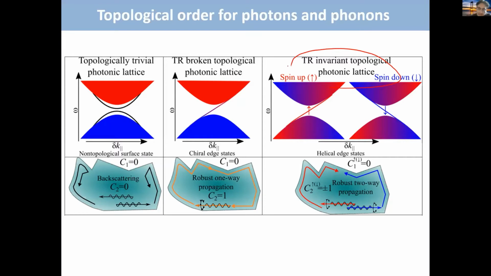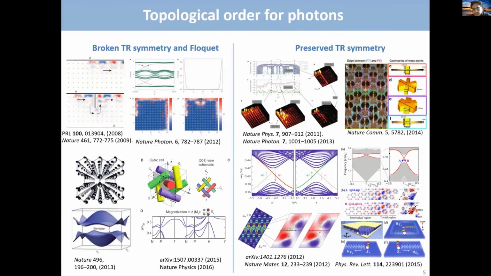We obtain topologically robust edge transport, which is spin or pseudospin polarized in our case, because we don't talk about real spin, we talk about this pseudospin generated by typically the lattice symmetry of photonic crystals.